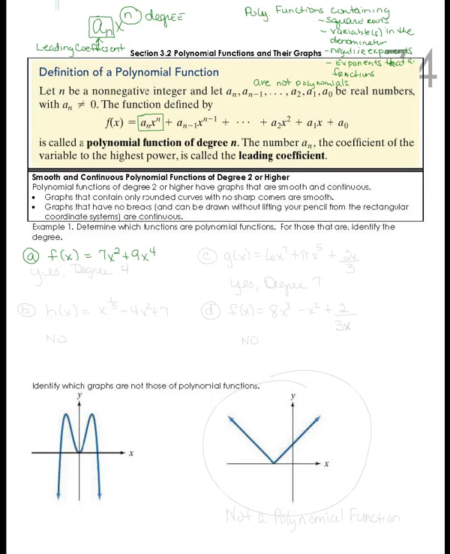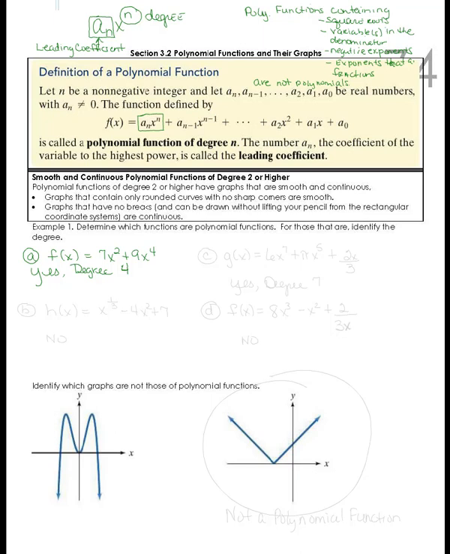Is this a polynomial function? Yes, it is, because our powers are 2 and 4. They're not to the negative power, not a square root, not written as a fraction. Then if yes, what is the degree of this polynomial? 4, because we're choosing the highest.